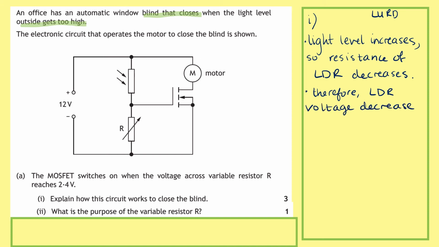Remember, you need to be specific. You don't just say the voltage decreases, you say the voltage across the LDR decreases. So if the voltage decreases across your LDR, remembering that our supply voltage is staying the same, if the voltage here is decreasing, the voltage here must increase. So our next sentence is the voltage across the variable resistor increases.